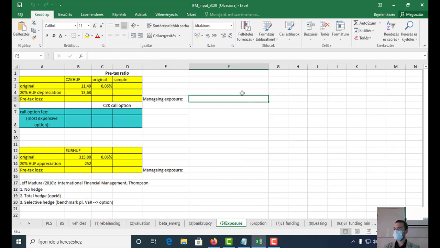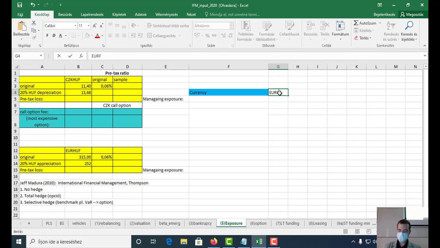we have some sort of exchange rate, so a currency denominated somehow. Let's say it will be a friendly blue color, so euro.